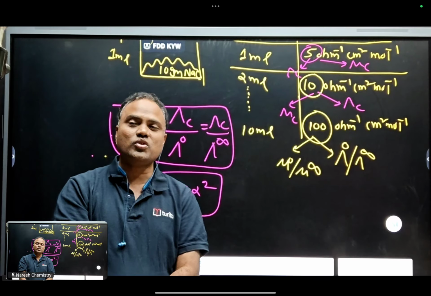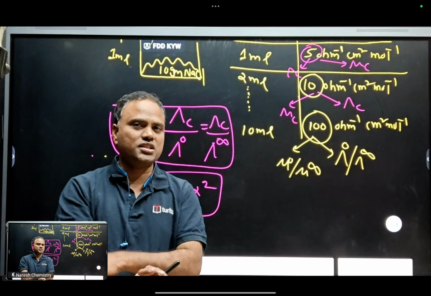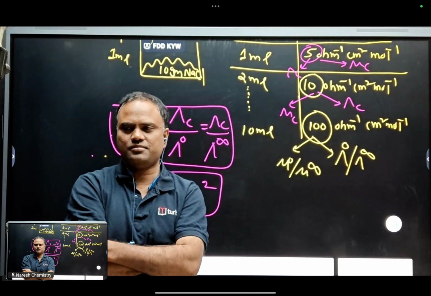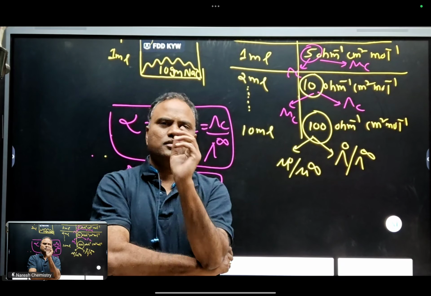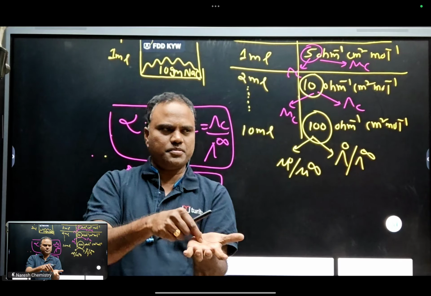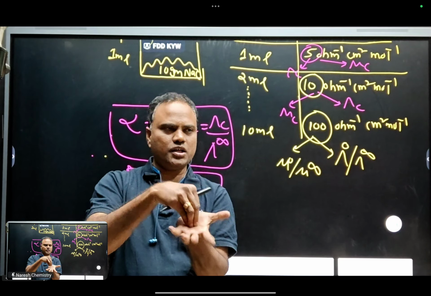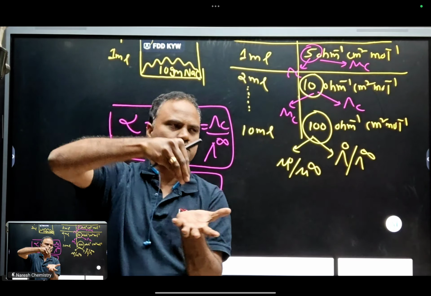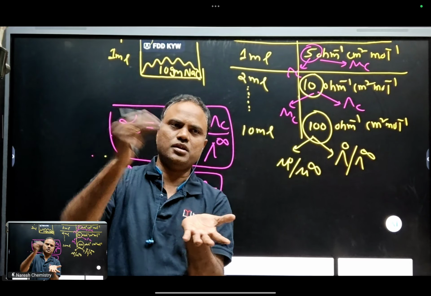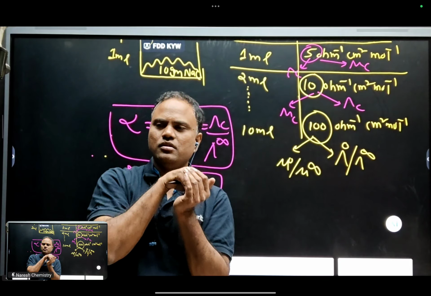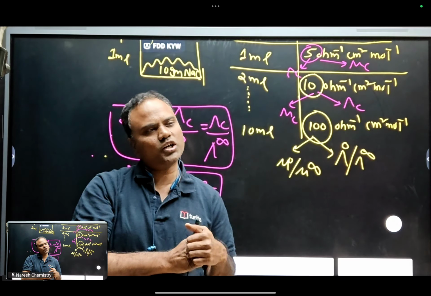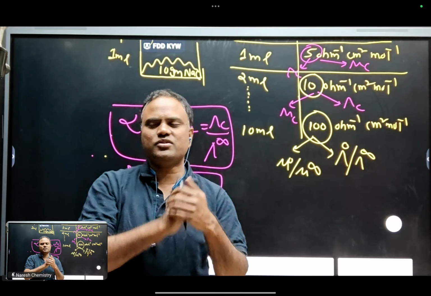In case of a weak electrolyte, take acetic acid. Take 10 molecules of acetic acid in a beaker. Just imagine an empty beaker having 10 molecules of acetic acid. Add water continuously, 1 ml, 1 ml, 1 ml. That is a weak electrolyte. It does not undergo complete dissociation.